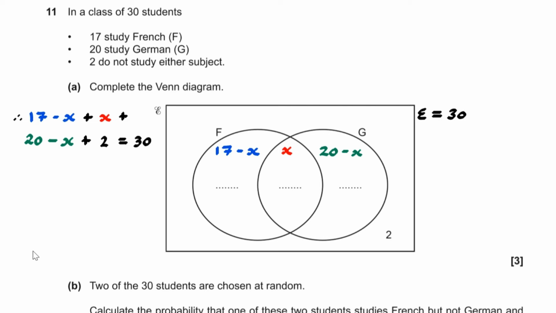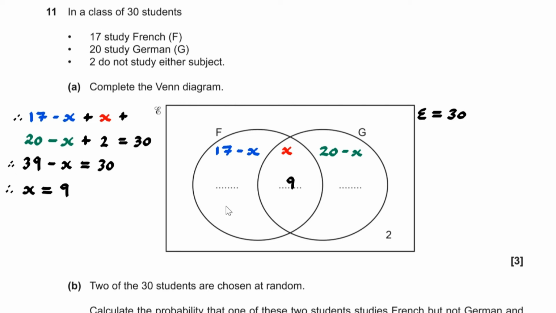And so what we can do is solve for x. So simplifying this equation, we have 39 subtract x equals 30, which means x is equal to 9.